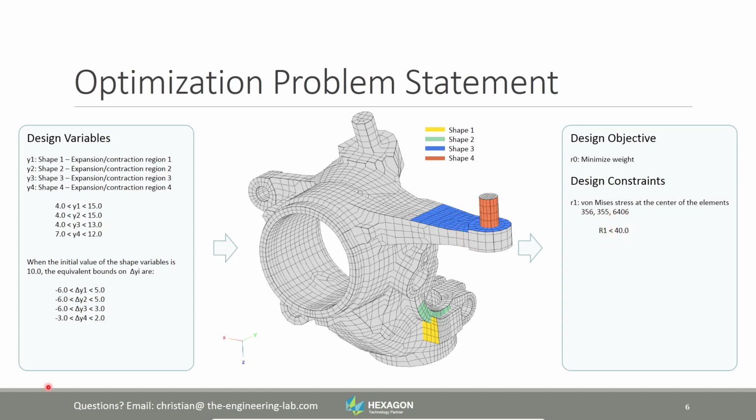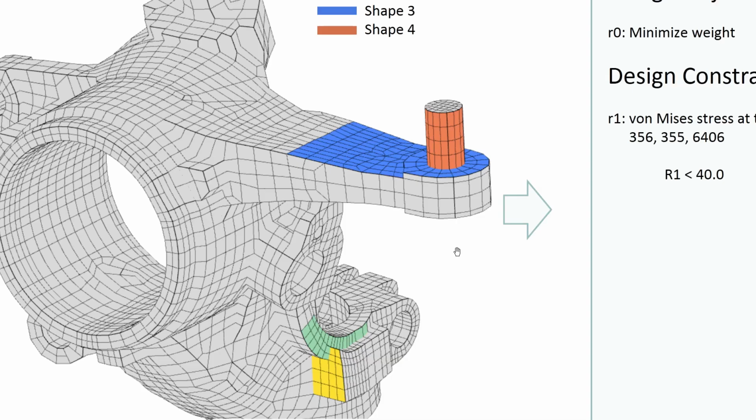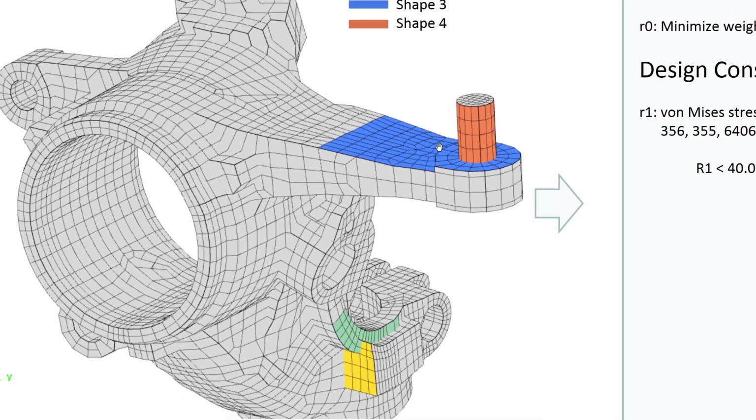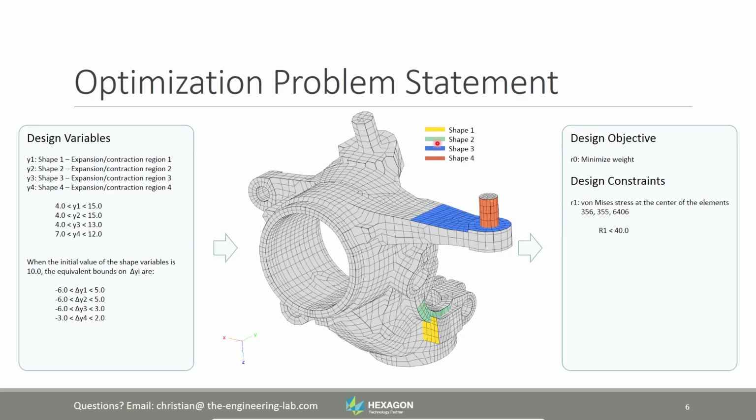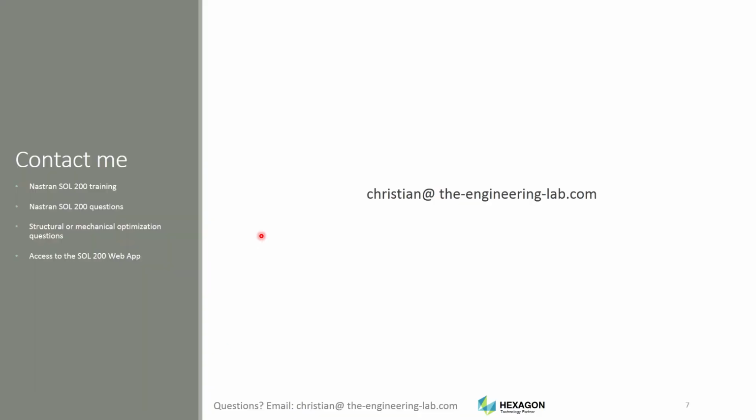And here in these different colored regions, we're going to specify element faces that are allowed to either expand or contract during the optimization. So this is a more realistic model that you might have in your scenario, and I wanted to show you what the process will be like if you want to perform shape optimization.